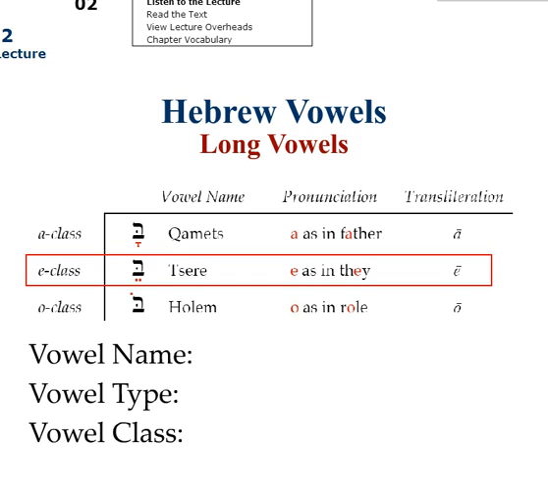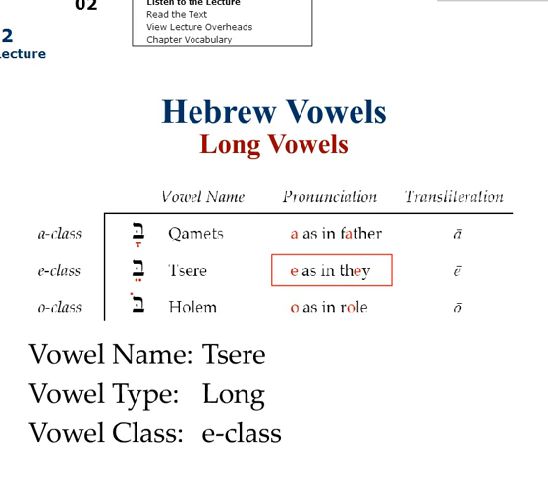The second vowel is tsere. Tsere is the vowel name. The vowel type is long. The class is E class, and the sound of tsere is A, as in the English word they.